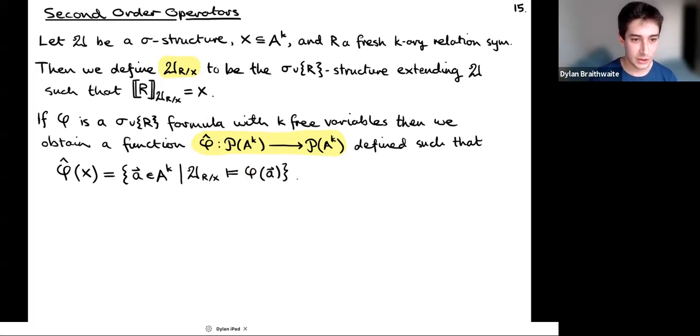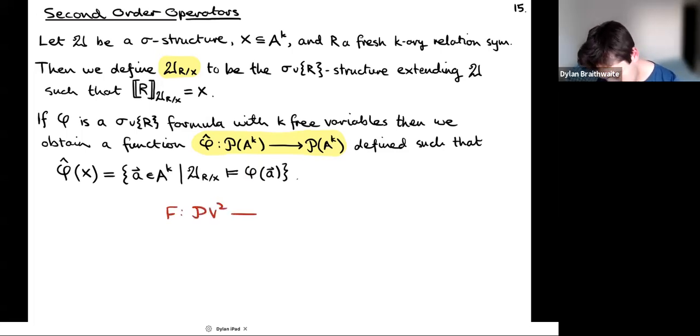And so it's quite a lot. I can give an example. If we turn our attention back to graphs, for example, you can define this idea of an edge composition operator that sends, say, a set of pairs of vertices to a set of pairs of vertices.